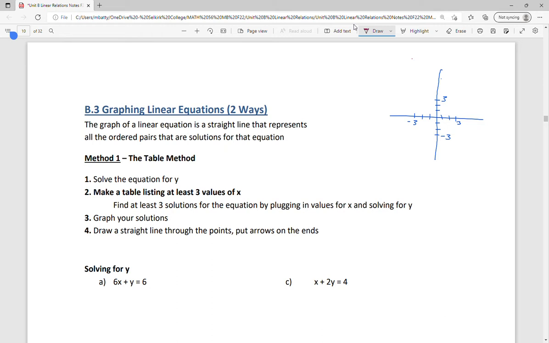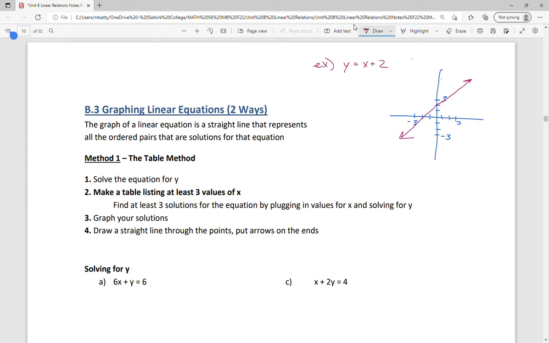I already have one kind of worked out in my notes here. It's really hard for me to draw straight lines. So something like that. And I could have this example of a linear equation of y equaling x plus 2.